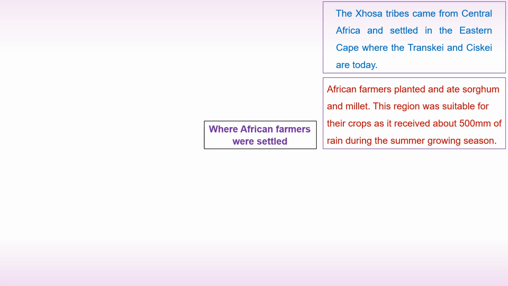Now, these African farmers planted sorghum and millet, and the reason why they chose sorghum and millet to plant here is because the region was suitable for these types of crops. In the summer, they received about 500 millimeters of rain, and this allowed these crops to grow.